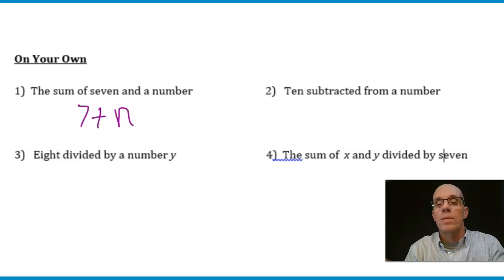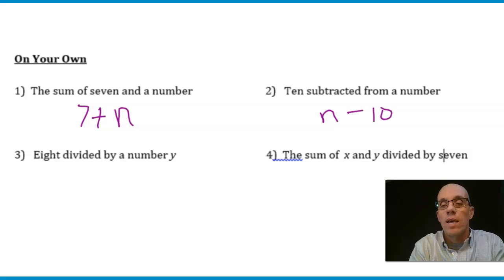10 subtracted from a number. Now with subtraction, we have to be careful that we get it in the right order. Am I subtracting something from 10, or am I taking 10 away from something? In this case, 10 is being subtracted from a number. So the order here is important. The number, the variable n, and then subtract 10. 10 is being taken off of n.